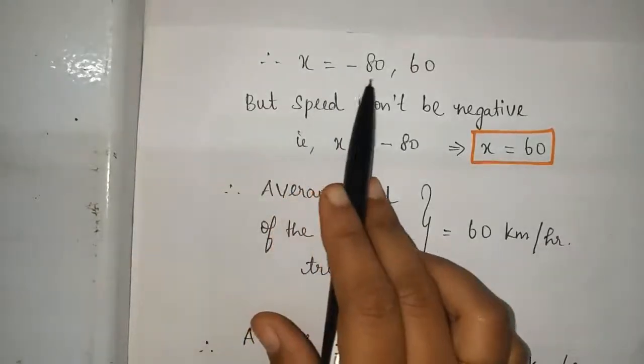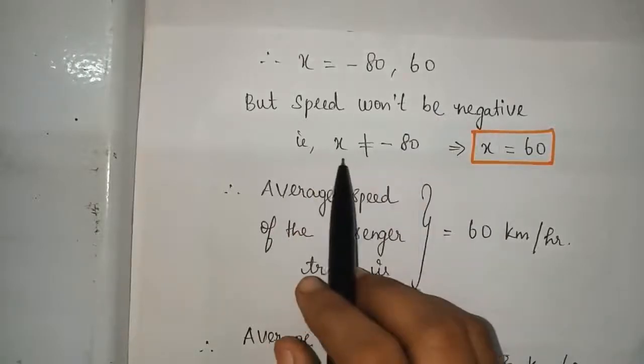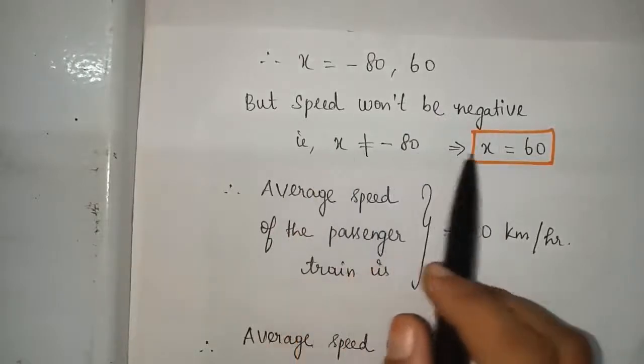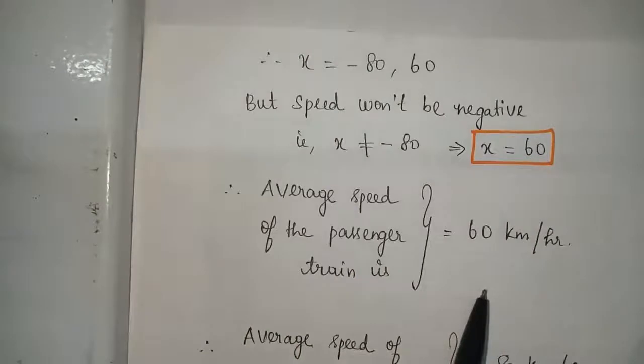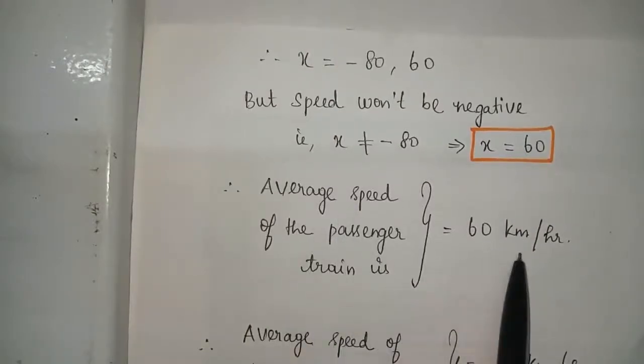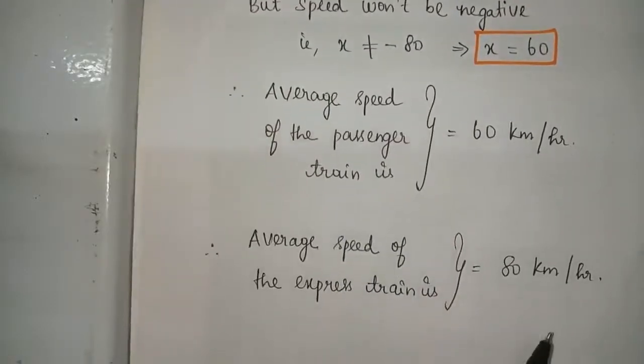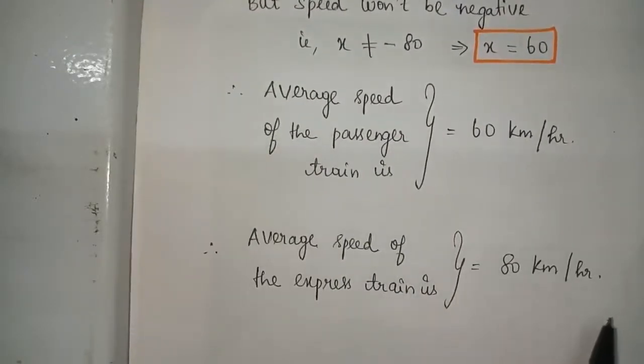Therefore x is equal to minus 80 comma 60. But speed won't be negative, that is x is not equal to minus 80, which implies x is equal to 60. Therefore the average speed of the passenger train is 60 km per hour and the average speed of the express train is 80 km per hour.